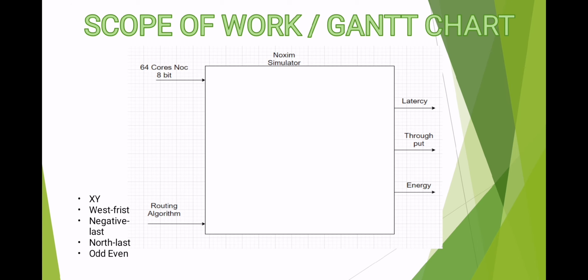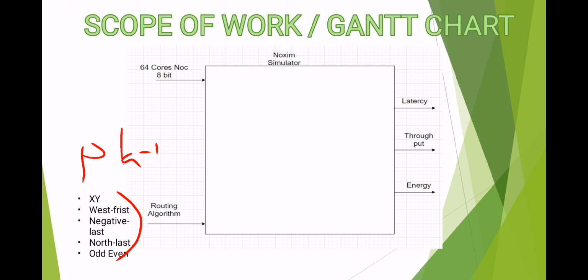And this one is also the scope of the work. These five things are applied for the platform: XY, west-first, negative-first, and odd-even.